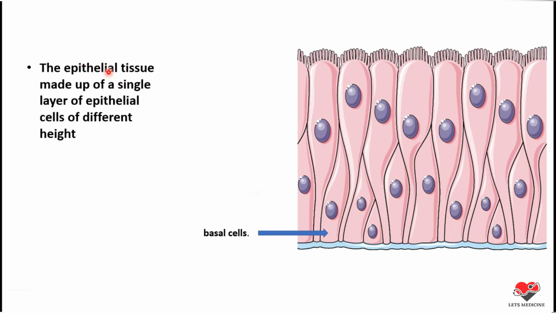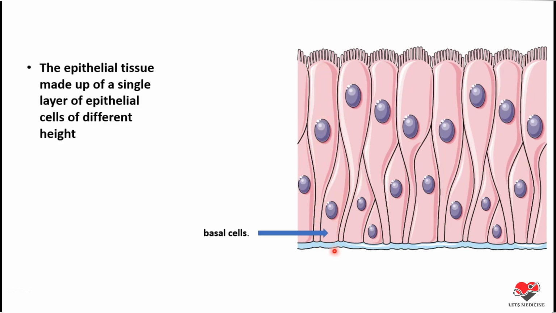So here we have an epithelial tissue made up of a single layer of cells but of different heights. Why this epithelium appears pseudostratified is because of two facts. One fact is that the height of the cells is different. Some of the cells are typical tall columnar cells reaching the full height of the epithelial surface.